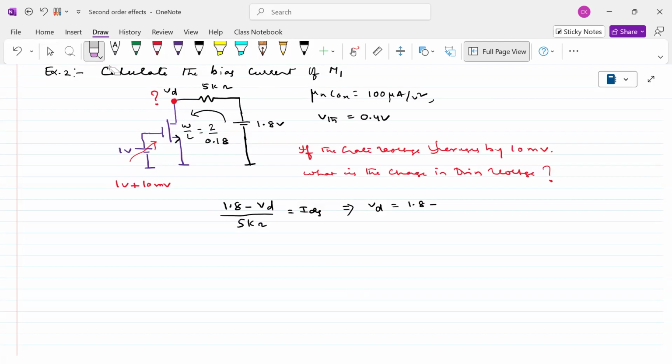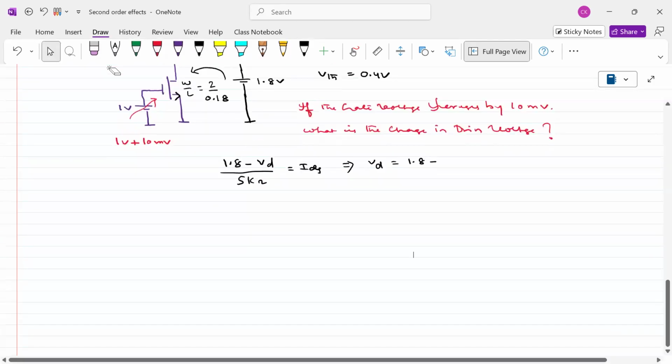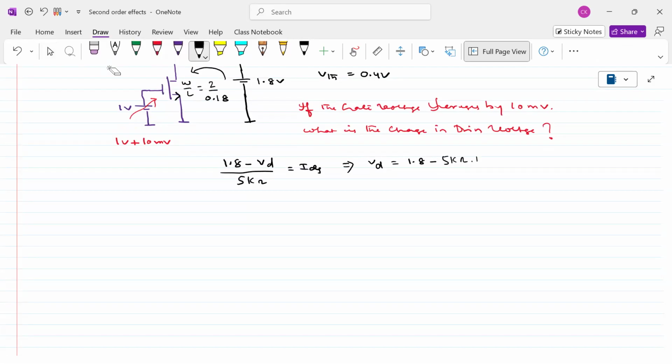Therefore, VD is 1.8 minus 5 kilo ohms into IDS. This is what we can see.